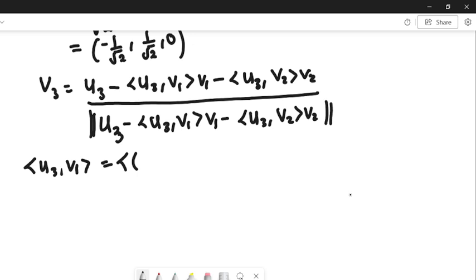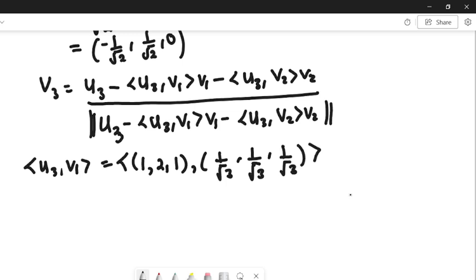U3 is (1, 2, 1) and V1 is (1 over root 3, 1 over root 3, 1 over root 3). You can always pause to go back. So if you check well, you will multiply and add, so you're going to get 4 over root 3.